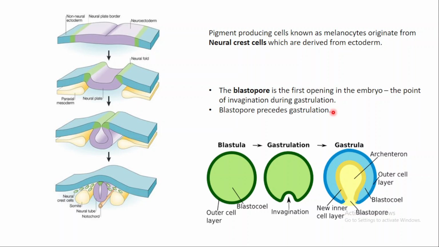So the blastopore lip is the first structure which forms, through which cells can migrate and rearrange themselves via the process of gastrulation to form the three germ layers of the frog embryo. So here we have the representation of the blastopore lip through which cells invaginate and form the three different germ layers: ectoderm, endoderm, and the mesoderm. So the blastopore lip precedes the process of gastrulation.